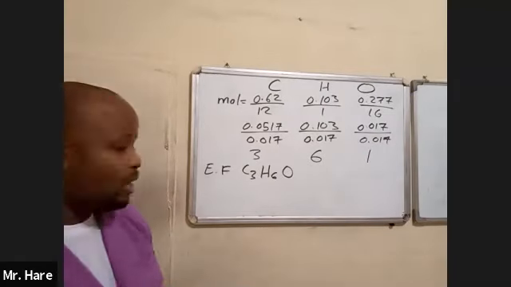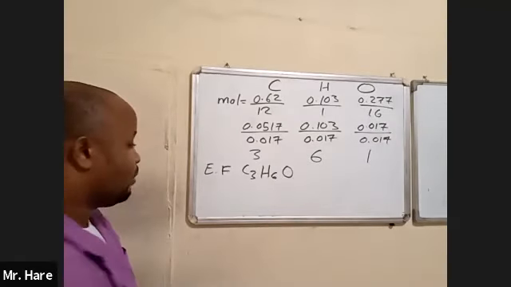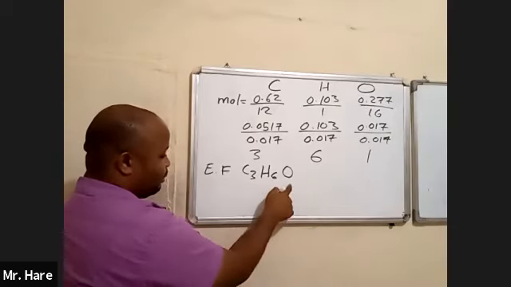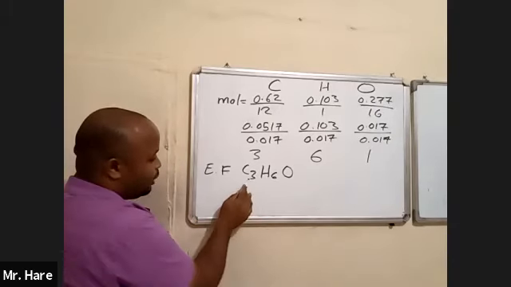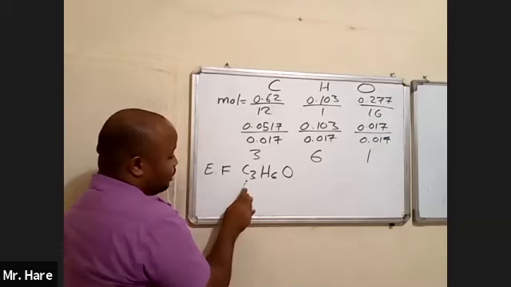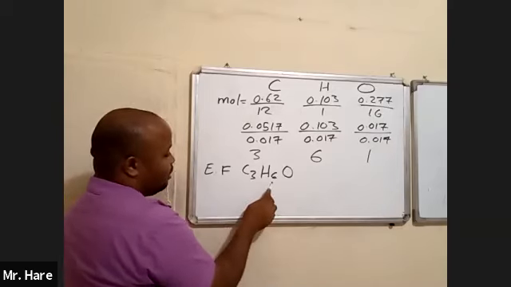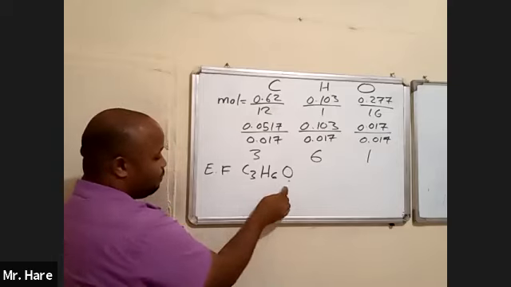To get the molecular formula, you are going to calculate the mass of your empirical formula. 12 times 3, that's 36. 36 and 6, that's 42. 42 and 16, that is 58.